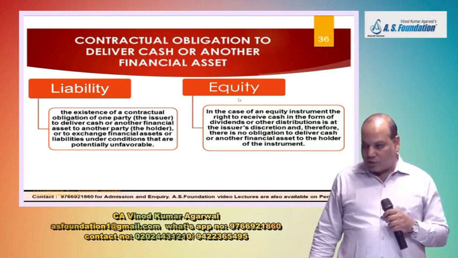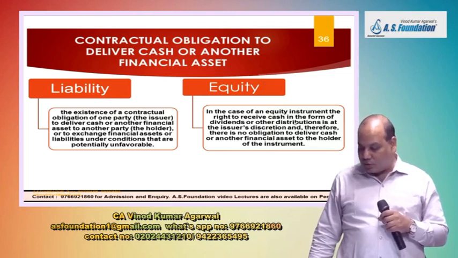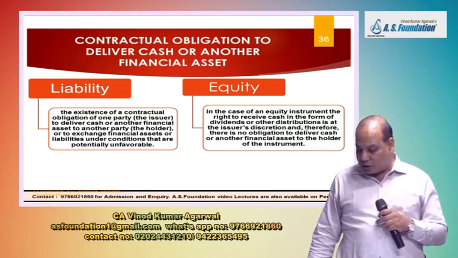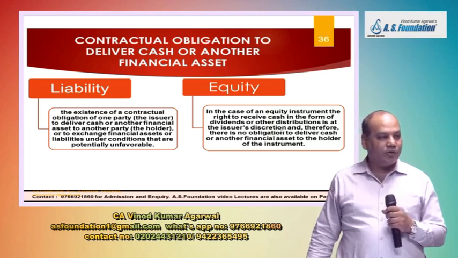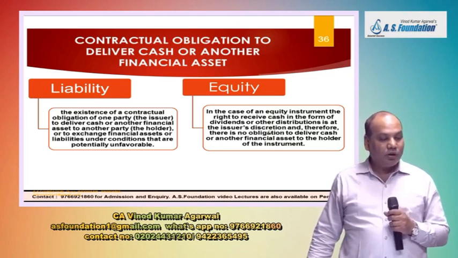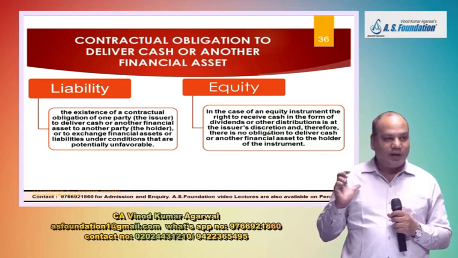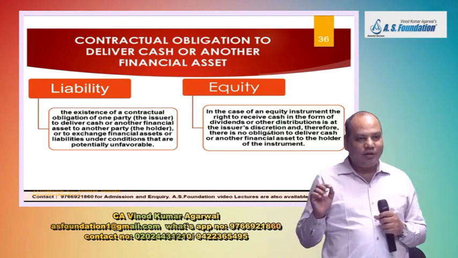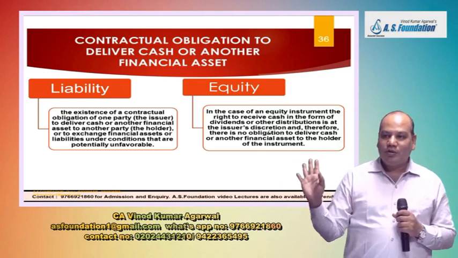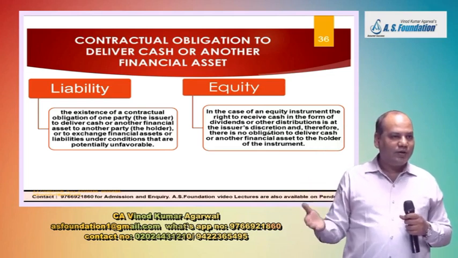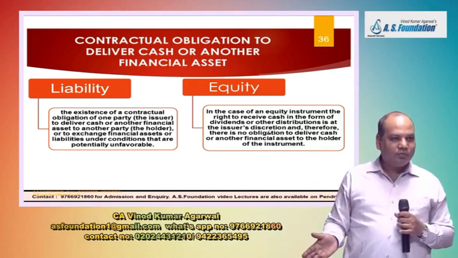And what about equity? In case of an equity instrument, the right to receive cash in the form of dividend or other distribution is at the issuer's discretion. Underline. The moment the discretion is with the entity, the reporting entity, it is an equity, because then the entity will exercise its discretion and not pay.